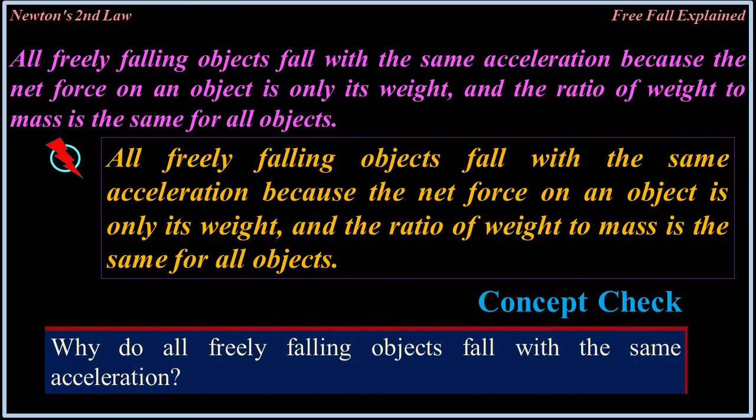All freely falling objects fall with the same acceleration because the net force on the object is only its weight, and the ratio of the weight to mass is the same for all objects. Why do all freely falling objects fall with the same acceleration?